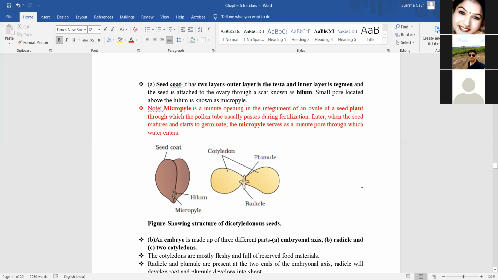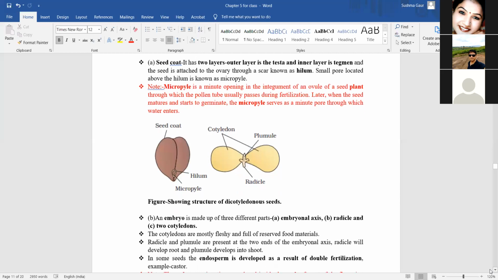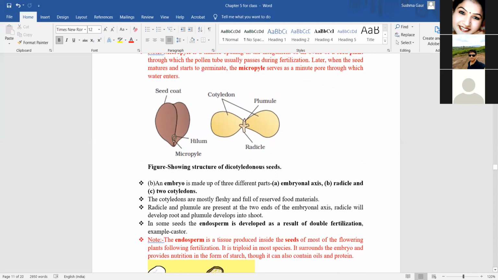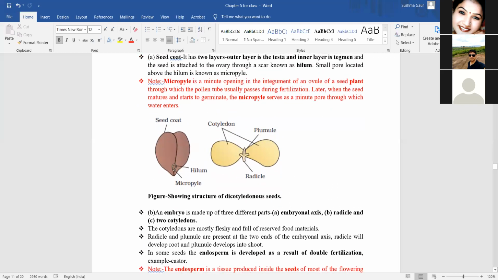So it is responsible for supplying water to the plant at the germination phase. So what is the function of hilum and what is the function of micropyle? It's clear, Shreya? Yes, ma'am. Okay.